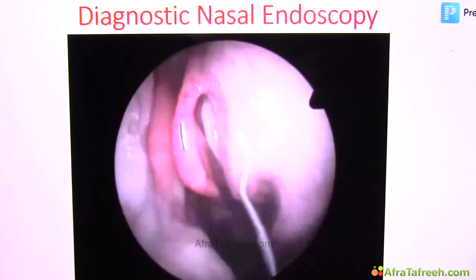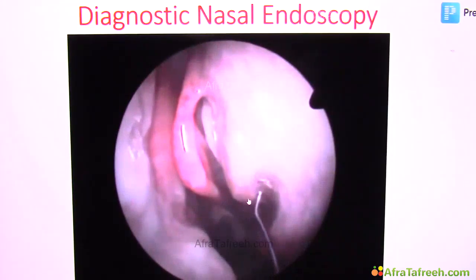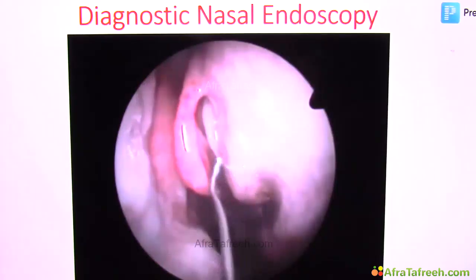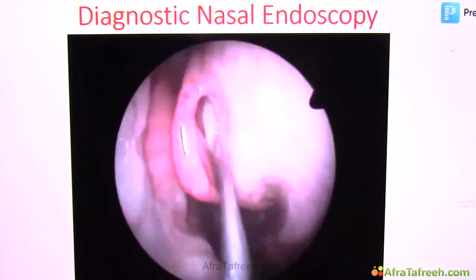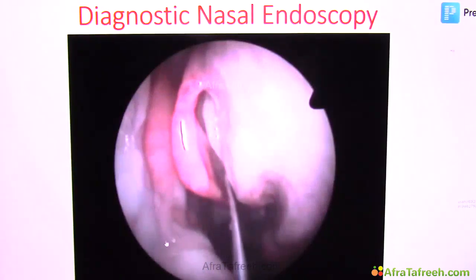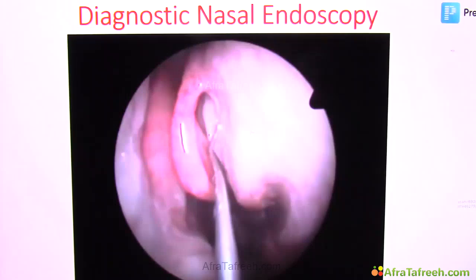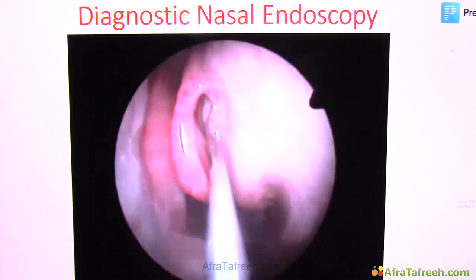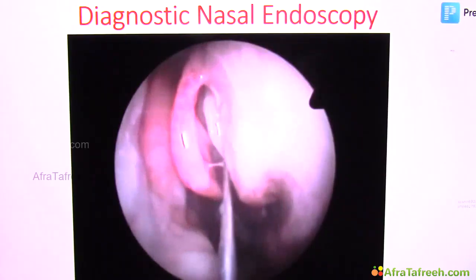It has a vertical part, a horizontal part, and a small intermediate part. Now I am showing over here the bulla ethmoidalis. Remember, between the bulla and the uncinate process, we have a plane that is known as the hiatus semilunaris.